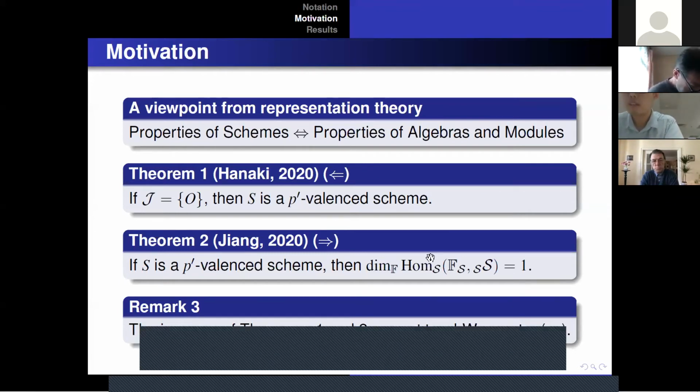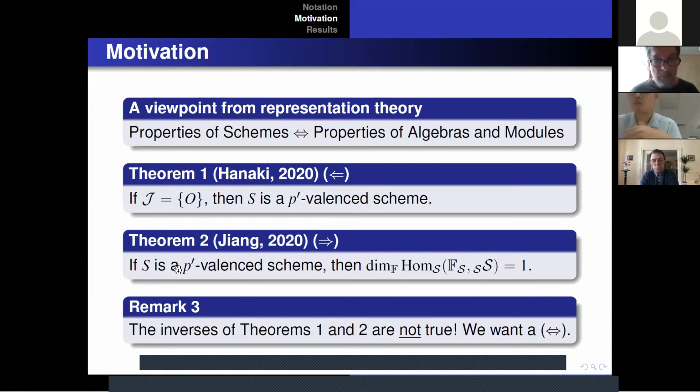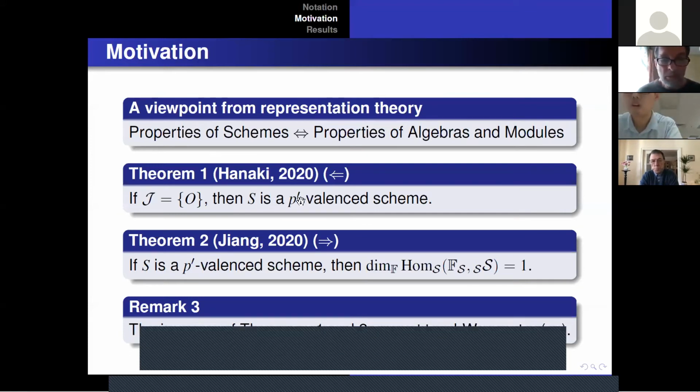And if you are in here, you can also sometimes not go here. There are also a lot of examples showing that if you are in here, you usually cannot go here. So the two results motivate us to consider the characterization of p-prime valenced schemes. We want to have an if and only if condition for p-prime valenced schemes.